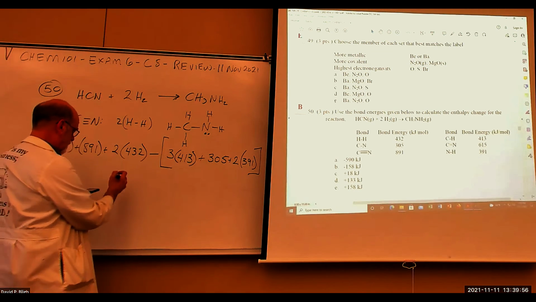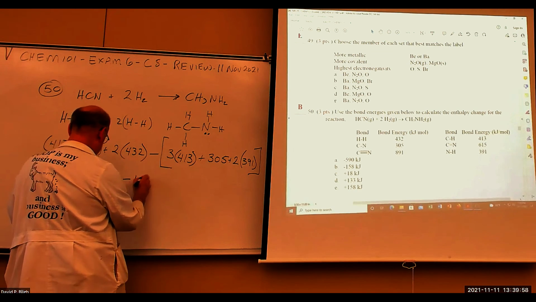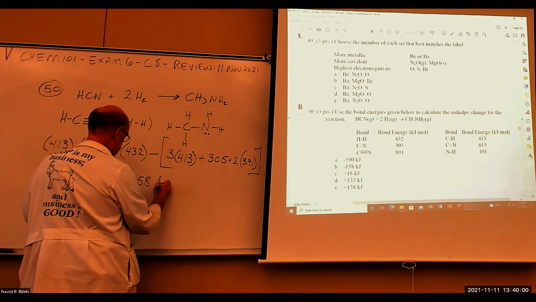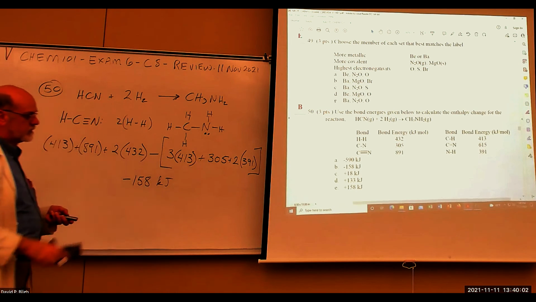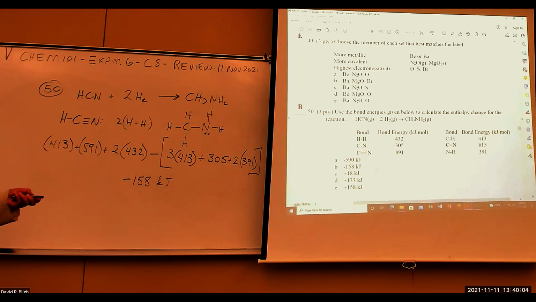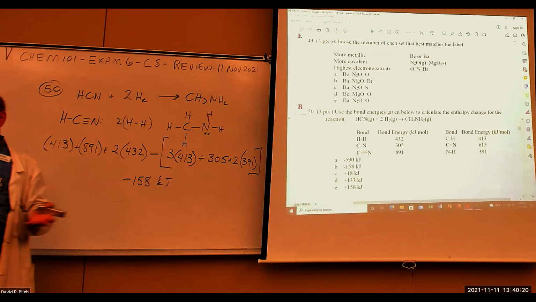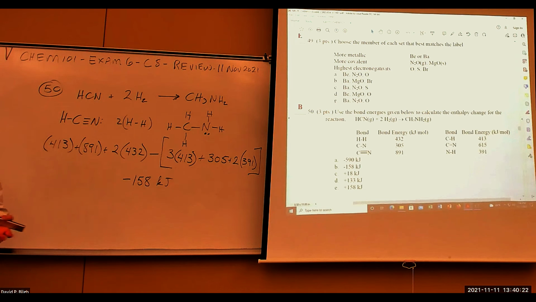I get minus 158 kilojoules, right here. And notice the creator of this question is sneaky. They put a positive 158 there. So if you get it flipped around, you're going to come up with a positive number and get the wrong answer.